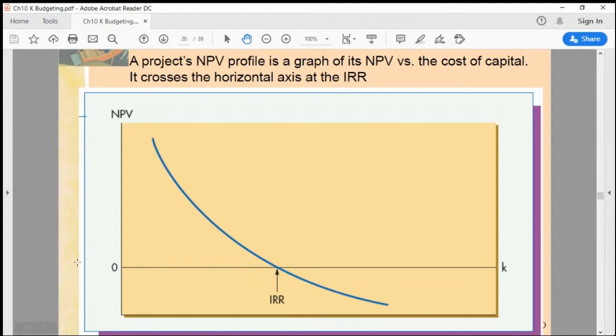Of course, you don't have negative cost of capital; nobody would discount with a negative discount rate, unless it is under a deflationary assumption. So this is basically the first quadrant.